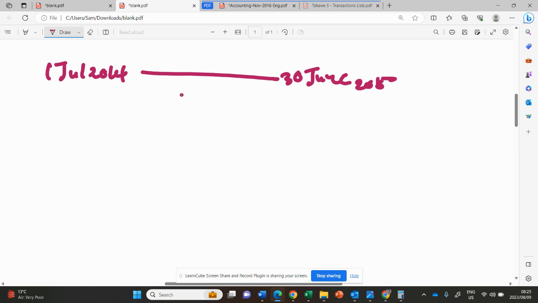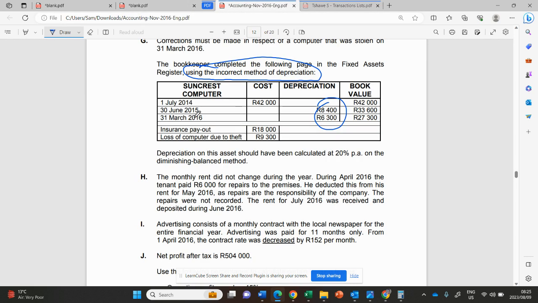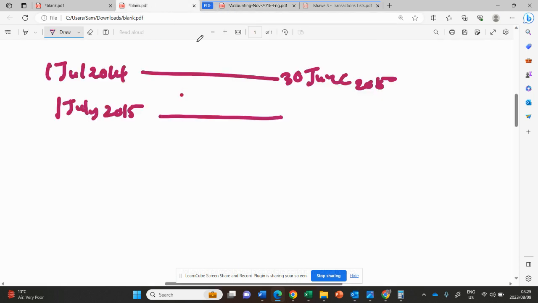Then you start depreciating again in the next period, first July 2015, until the computer was stolen, on 31 March 2016. So you stop there, at 31 March 2016. Obviously the first period is going to be 12 months. Then this one is going to be how many months?